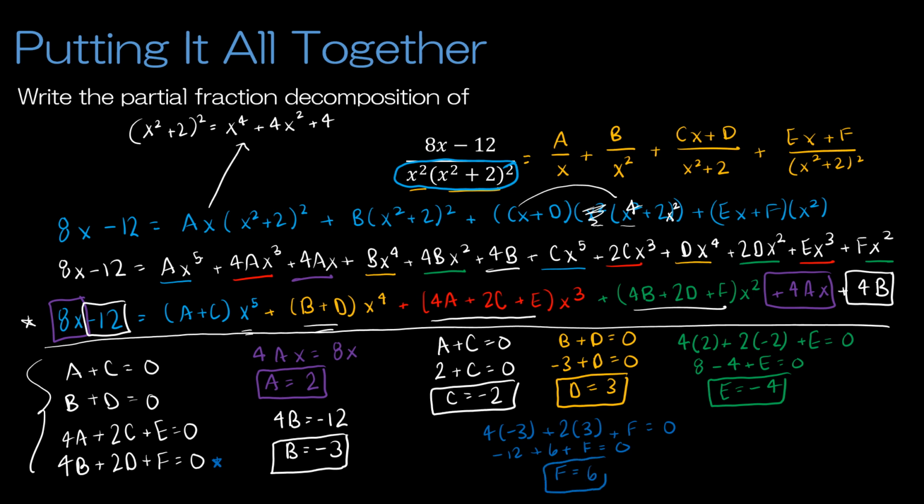So I've kind of run out of room here, but again, my final solution, I would write 2 for A, I would write -3 for B, I would write -2x plus 3 for Cx plus D, and I would write -4x plus 6 for Ex plus F.